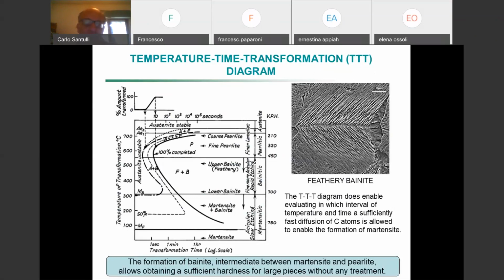In fact, we have 2 points which are martensite start and martensite finish. And between these 2 points, there is this curve which represents 0% of martensite, so the martensite start, and 100% of martensite.